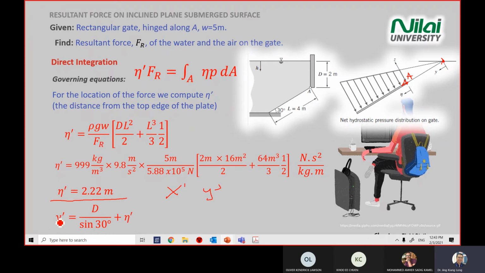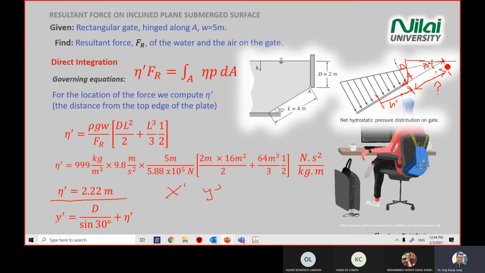So for your y prime, you need to take the D. This is you going back to the triangle on the left here. So you have your D sine 30 degree. You need to add, because just now you found your n prime here. There's one part that is missing, which is here.